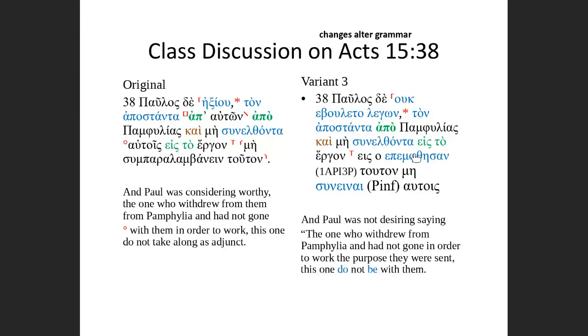Okay, so notice here I've included eston ergon, and instead of me sum parlaben tuto, I've included the s ho epe me theson, first aorist active participle in indicative third person plural.